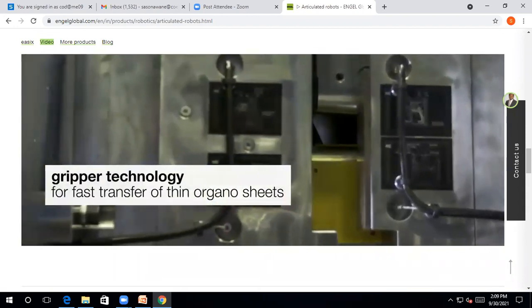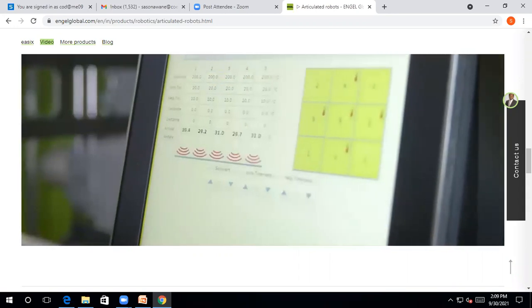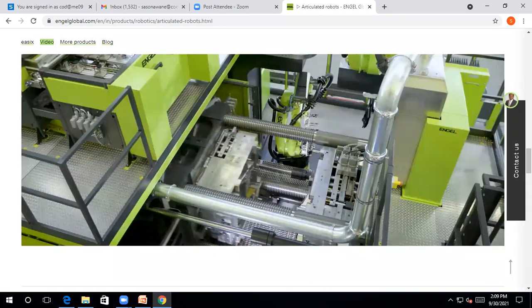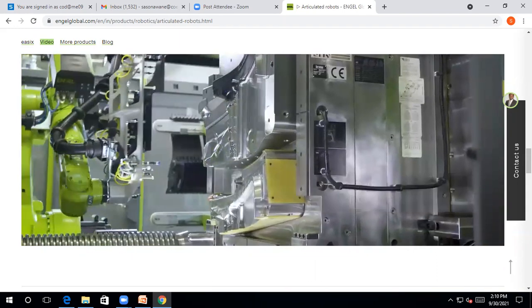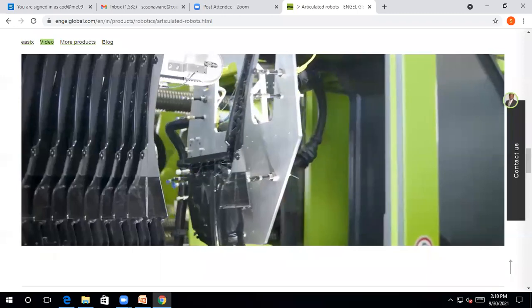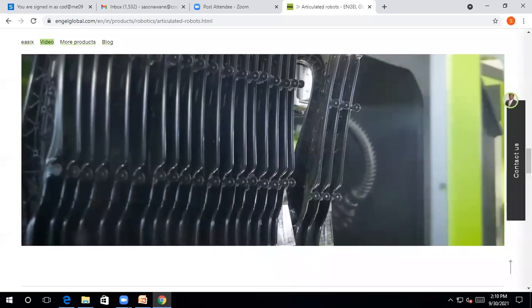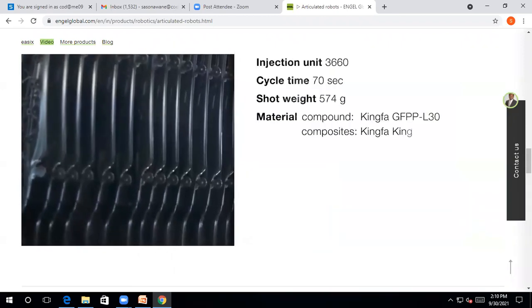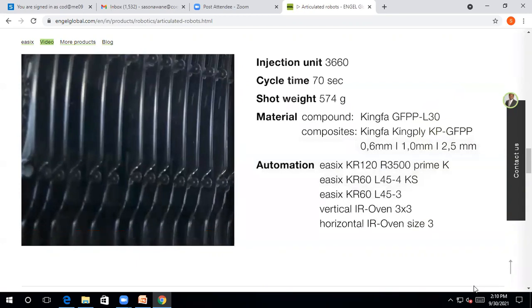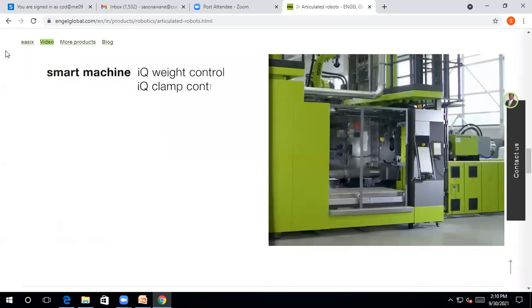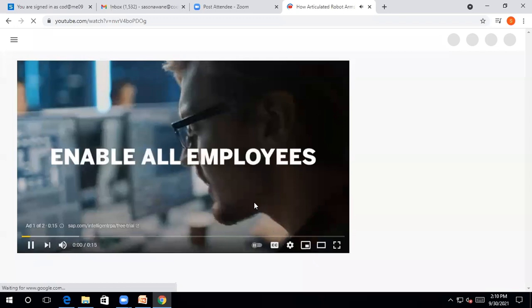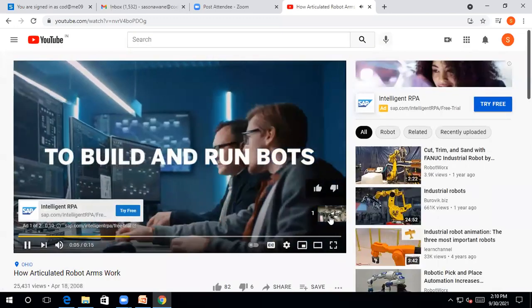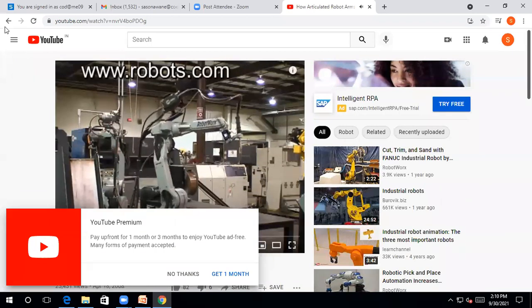Gripper technology for fast transfer of thin organosheets.